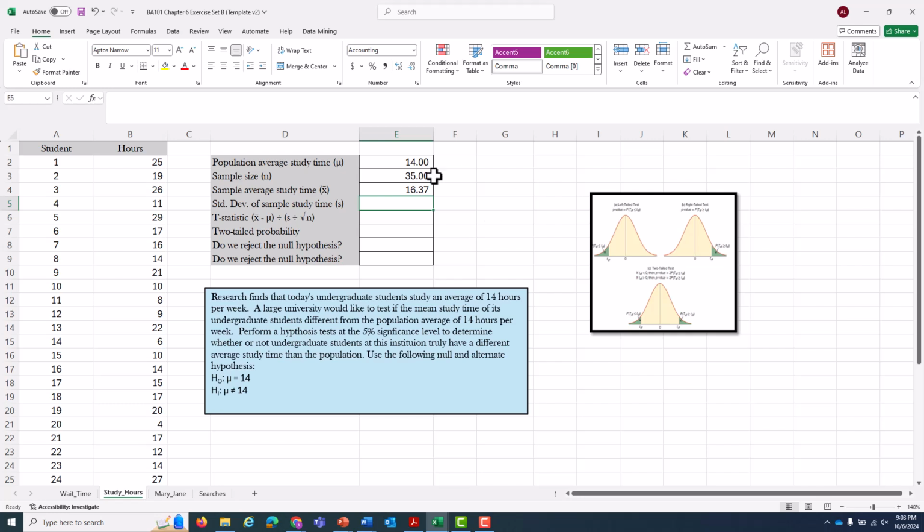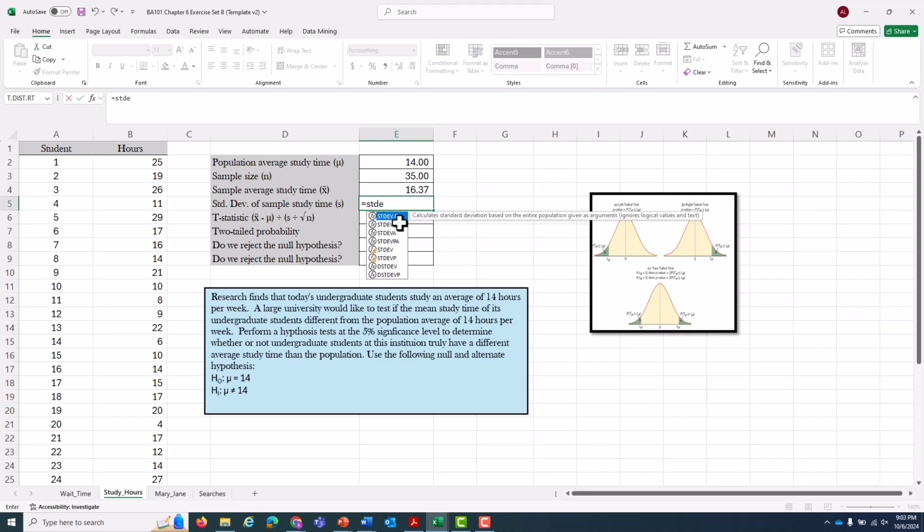So can we definitively say right now that yes, the whole entire population of students studies for more than 14 hours a week? Well, no, we can't, because we have a very small sample size of just 35 students. So let's take a little more information into account. Namely, what's the amount of variation that we have in our sample? What's our measure of dispersion, if you will? And we're going to do that by finding the standard deviation of these hours.